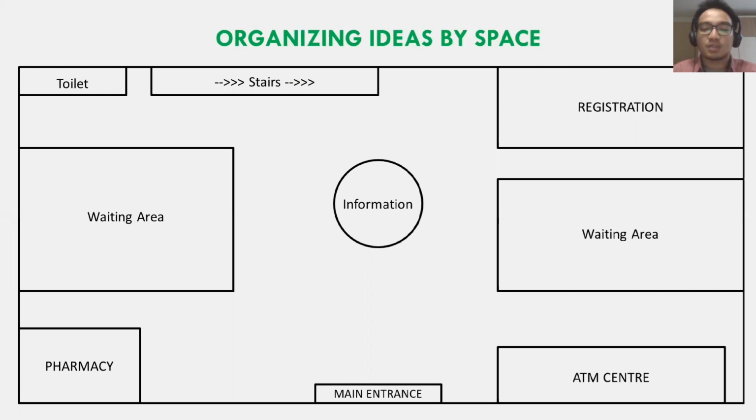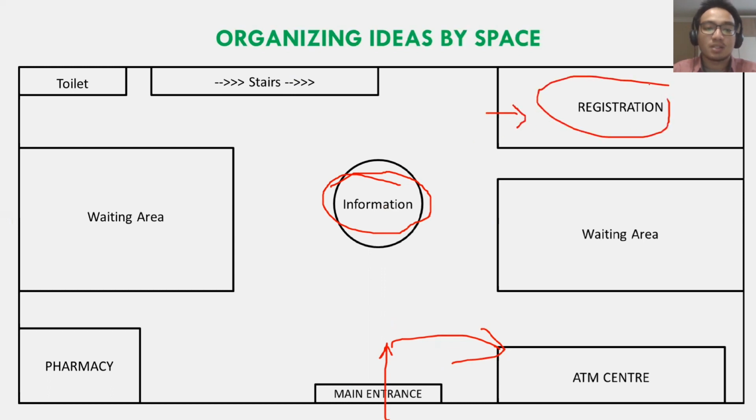As you enter through the main entrance, right in front of you is the information center. On your right is the ATM center. You can access your bank account and take your money over there. In the very right corner of the lobby, there's a registration desk. Between the registration desk and the ATM center, there's a waiting area. Patients and their families wait for their turn to register over there.